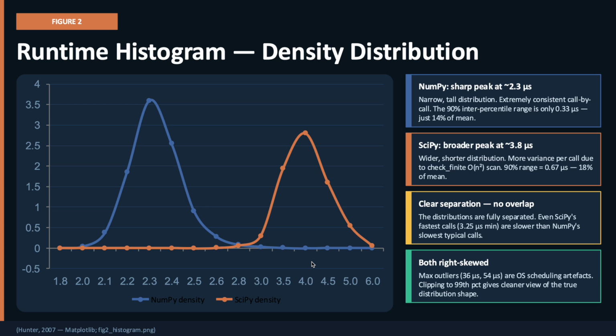This shows the density of the runtime, represented here as smooth line charts. The original figure file, underscore histogram, shows the full density histogram with 54 bins trimmed at the 99th percentile. As you can see from the figures, NumPy is slightly better than SciPy.